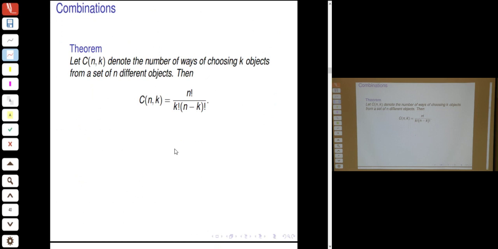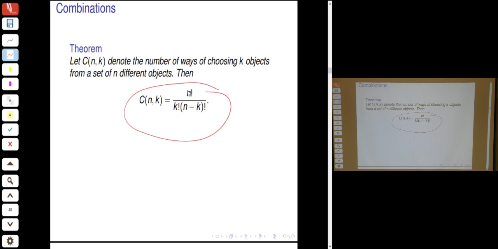Combinations. So this was about permutations and circular permutations. Now we come to combinations. Let C(n,k) denote the number of ways of choosing k objects from a set of n different objects. Then C(n,k), the number of ways of choosing k different objects from n different objects, is n factorial over k factorial times n minus k factorial.